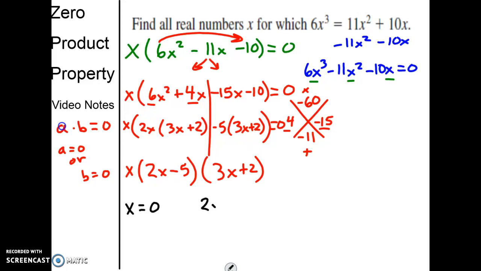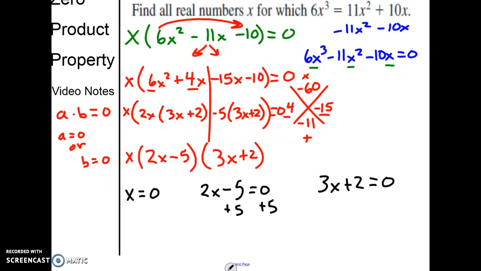Then we have 2x minus 5 equals 0, and we have 3x plus 2 equals 0. For this middle one, add 5 on both sides, and then we have 2x equals 5, divide by 2, x equals 2.5, or 5 halves.